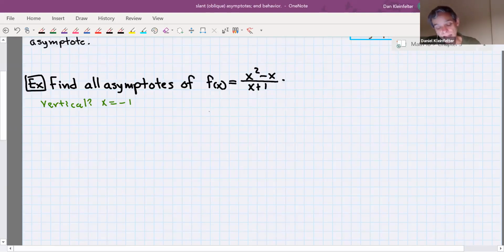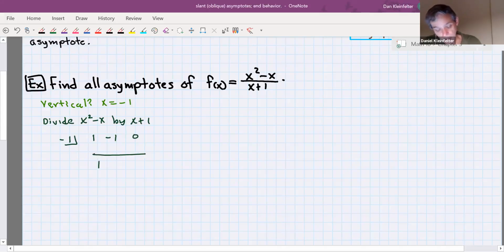So we're going to divide the numerator, x squared minus x, by x plus 1. Fortunately for us, synthetic division works nicely. So you'll have negative 1 outside, 1 x squared, and then negative 1 x's, and then 0 for the constant.